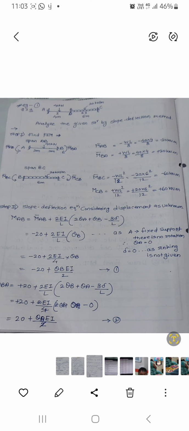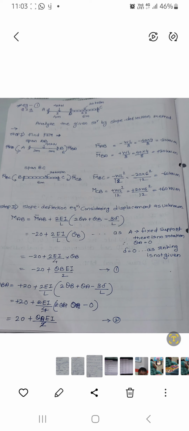Okay, so just put down the values in the slope deflection equations. Now M bar AB, the fixed end moment we calculated in the first step, so from that step you take that value, that is minus 20. Next, theta A and theta B are the rotations at the supports A and B. Now as the support A is a fixed support, there should not be any rotation. That means theta A should be equal to 0. Why is it so?